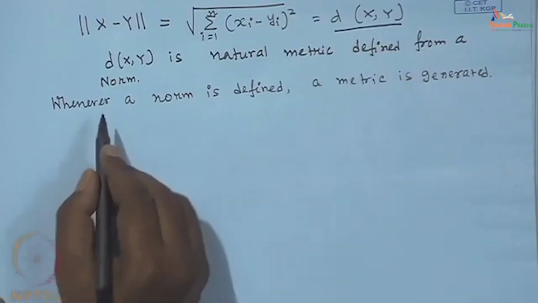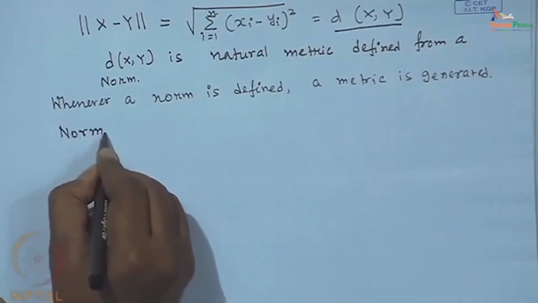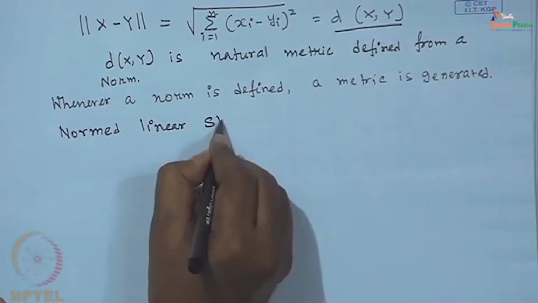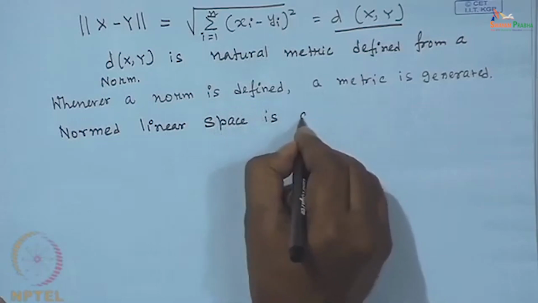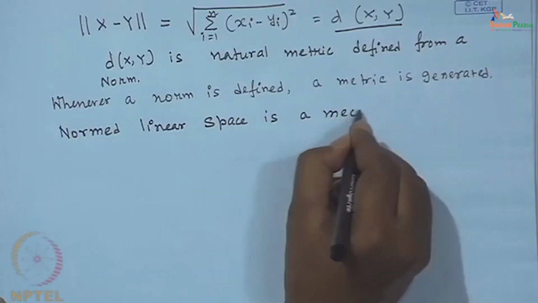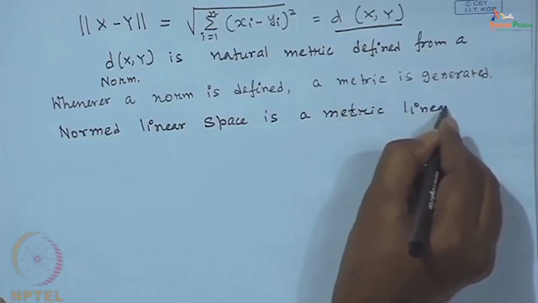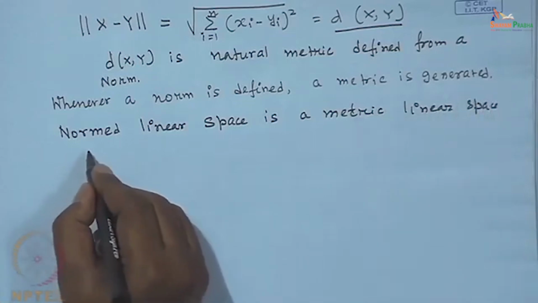Therefore, we can come to a conclusion that a normed linear space is nothing but a metric linear space, but the reverse is not true.